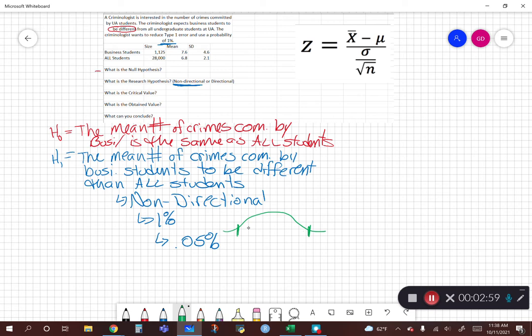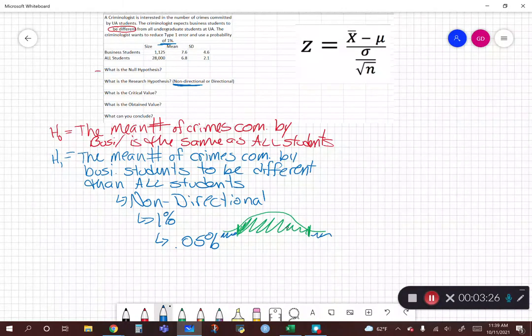So say we find a value that falls between our critical values. Since it's non-directional, if it falls anywhere in between, this is where we fail to reject our null hypothesis. If it falls beyond into the tails, that's when we can identify that there is a statistically significant difference. So if it's greater than our critical values, we can reject our null hypothesis in support of our research hypothesis. If it falls between, we fail to reject our null hypothesis.